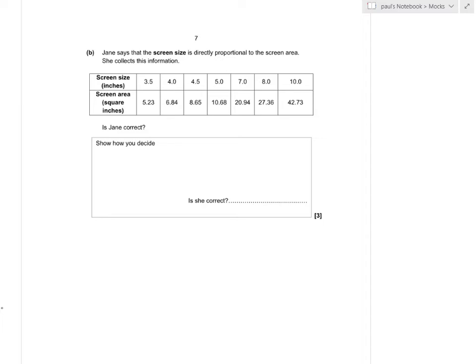So 42.73 divided by 10 is 4.273 times bigger. If we take the middle one, 10.68 divided by 5 comes out as 2.136.